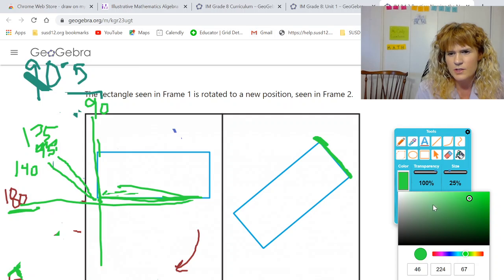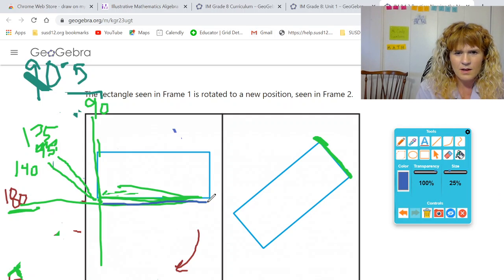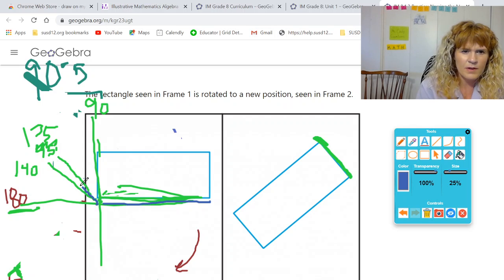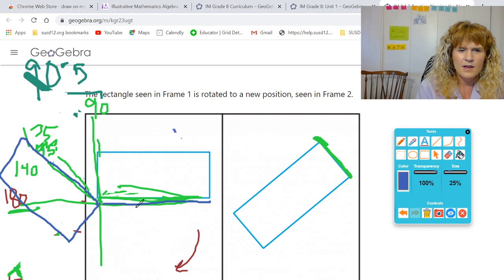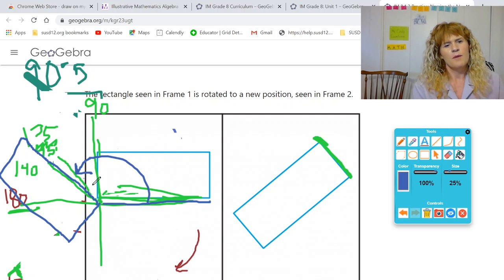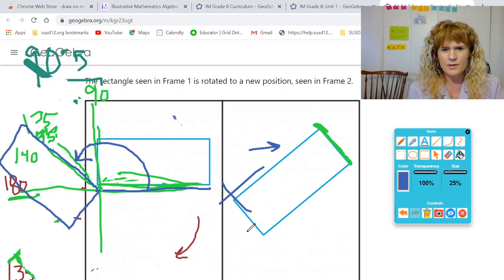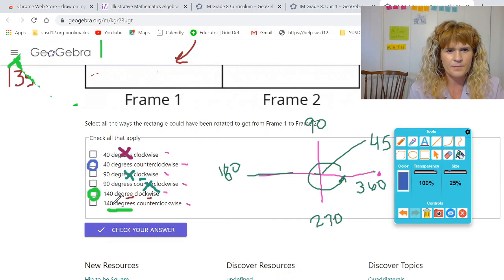Let me change my color to show you. This line on the shape is now over here at 140 degrees. So the shape is going to look like that. There is 140 degree rotation, but they do not look the same. So could you rotate this shape 140 degrees counterclockwise to get this? No, you can't.